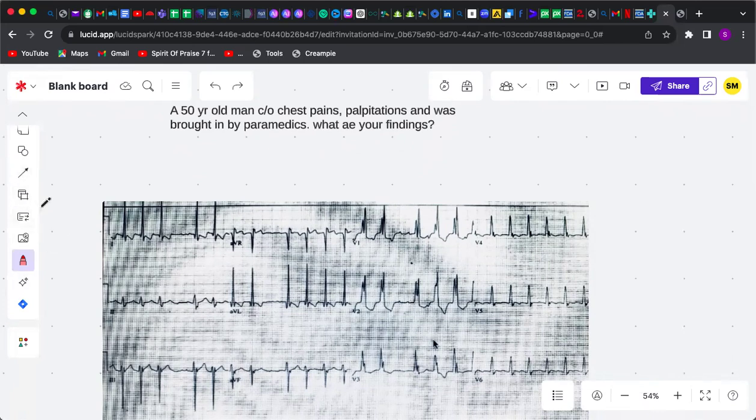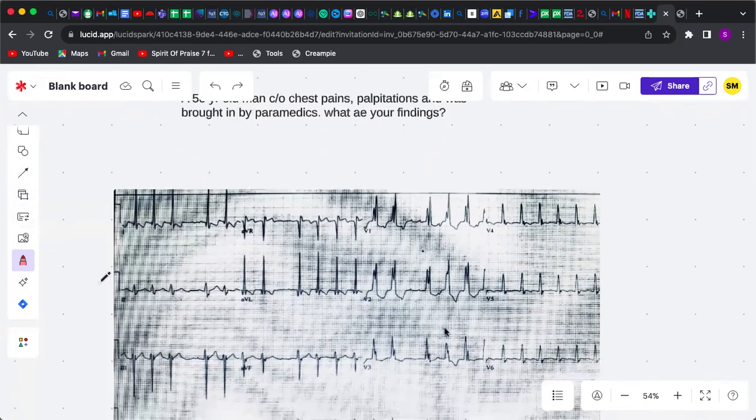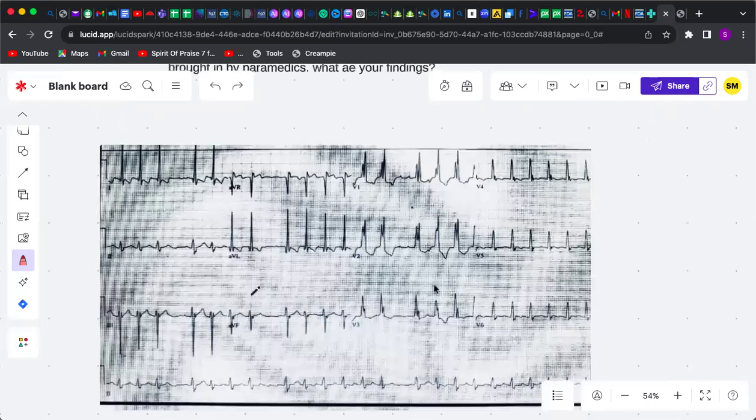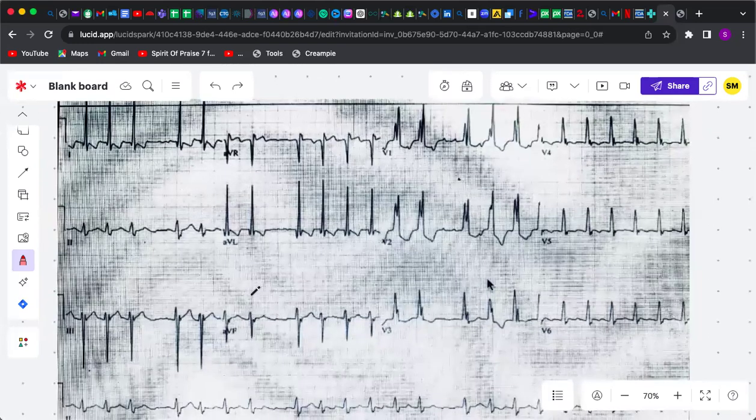So if you would take a quick pause and assess this ECG, try to pick up one or two, and then see if you can arrive at a diagnosis.